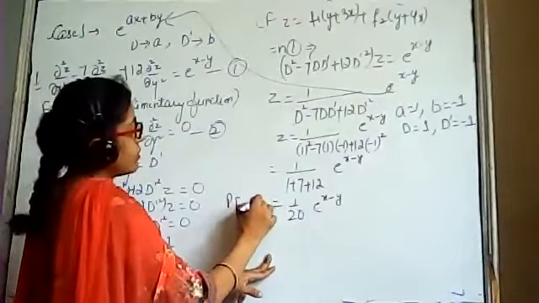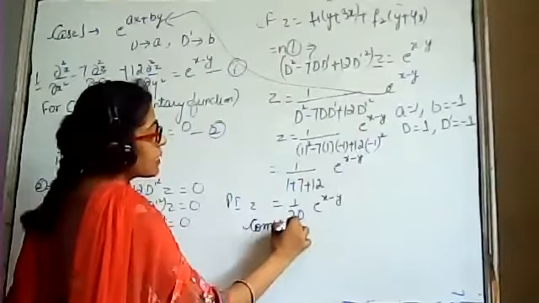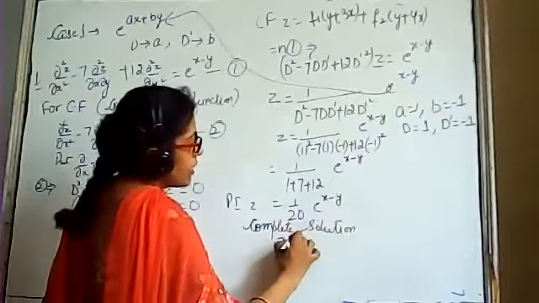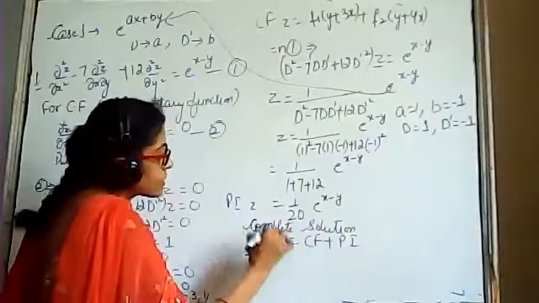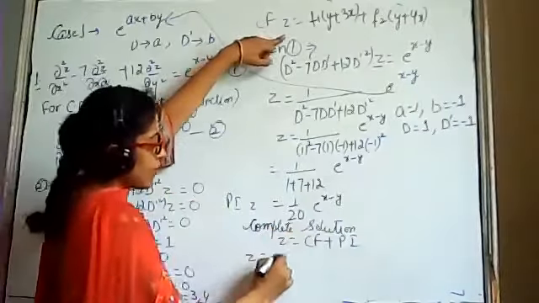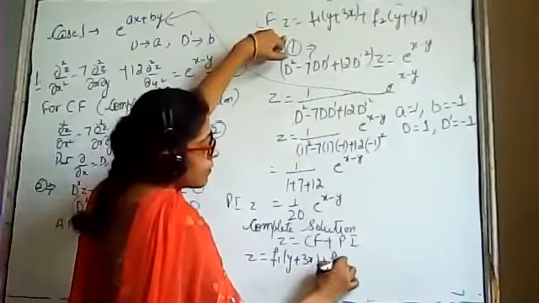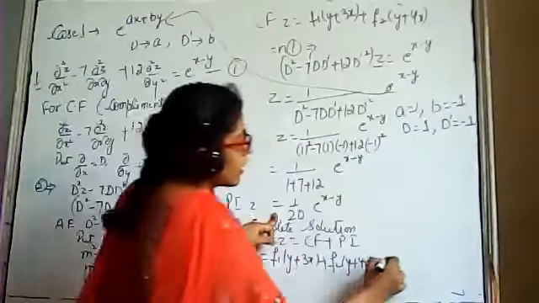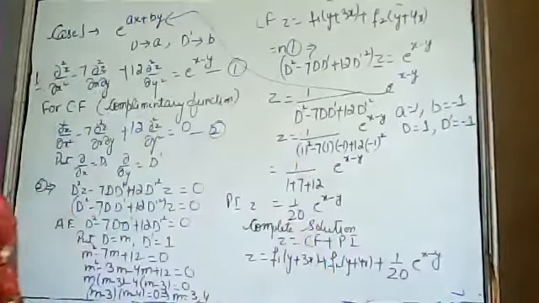After that, the complete solution z will be equal to complementary function plus particular integral. That is, z is equal to f1 of y plus 3x plus f2 of y plus 4x plus 1 upon 20 e to the power x minus y.